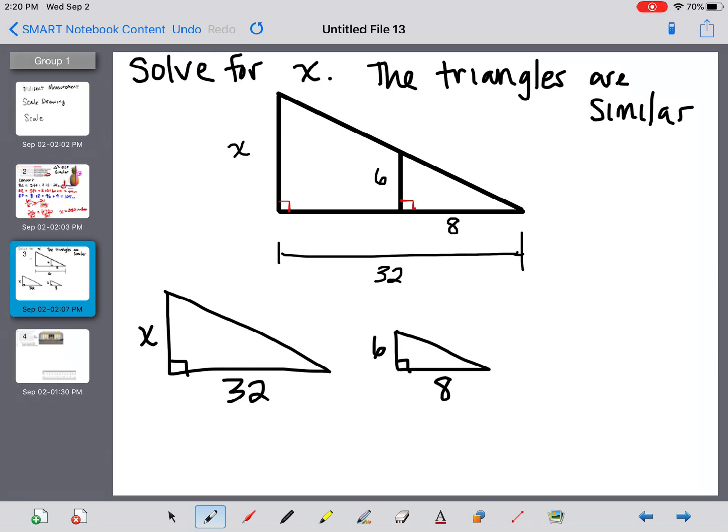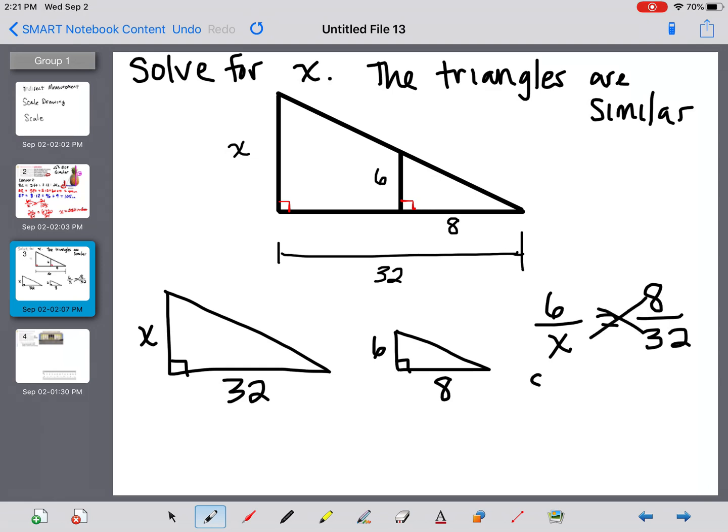And since they are similar, we can match up the corresponding sides together. So we'll start with the smaller triangle. So 6 over x, it corresponds with that side x, is going to equal, we've got to put the smaller triangle, so the 8 goes on top, over 32. And now we're ready to solve.